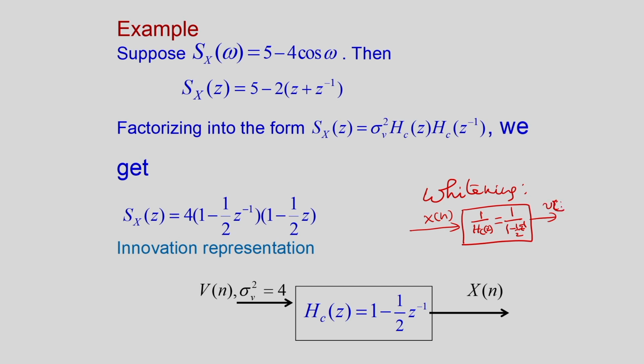So, we can get back the Vn from Xn. That way we see the spectral factorization theorem and how we can apply this to factorize some power spectrum like this. Spectral factorization is not possible for all WSS signals.